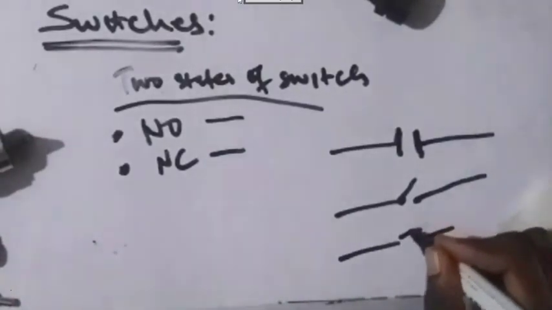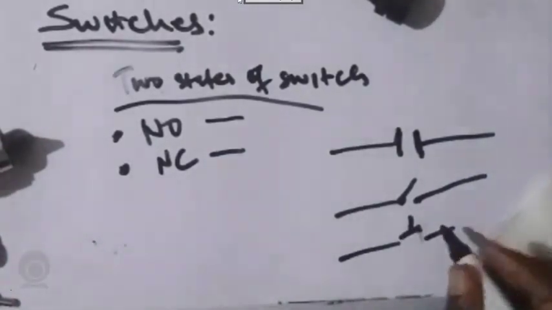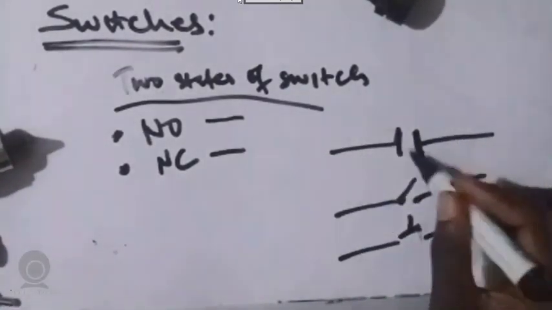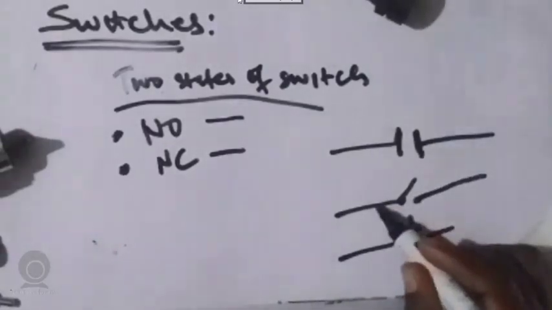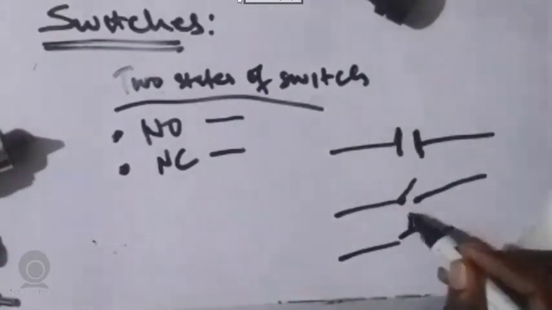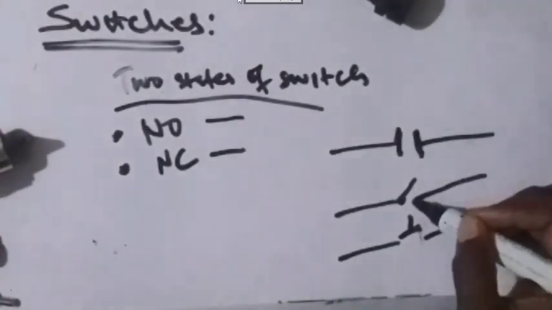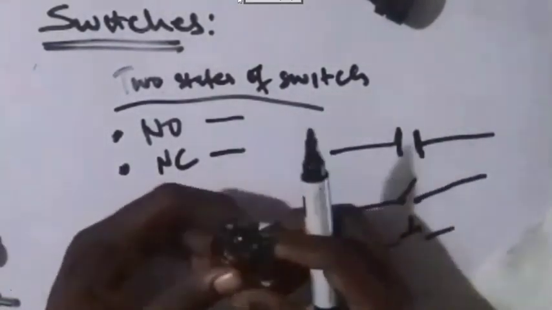Or in an electrical diagram, you have something like this. This is normally open. It's open. This is a cable. This is another cable. There's an opening here. So it's disconnected.